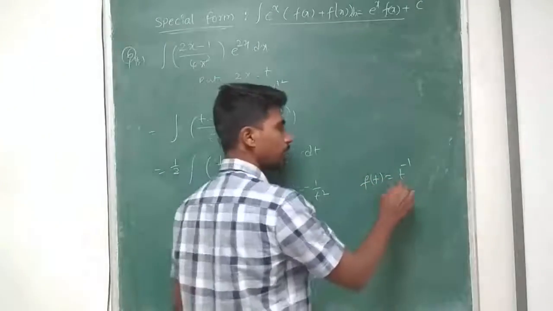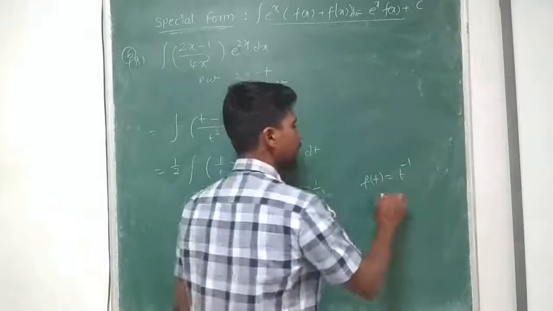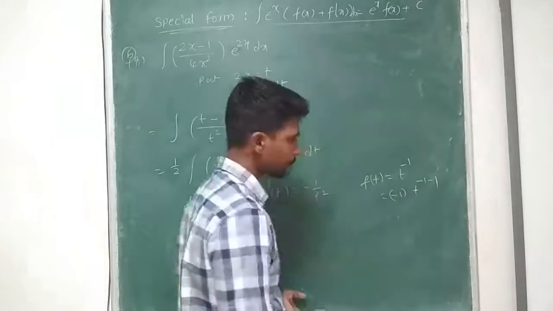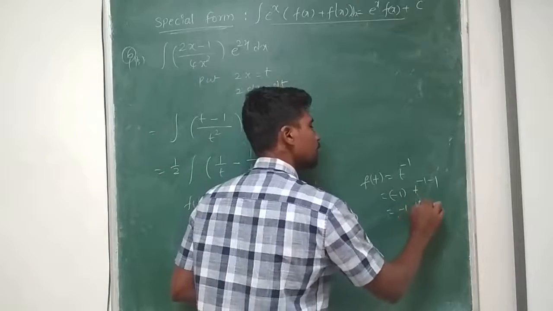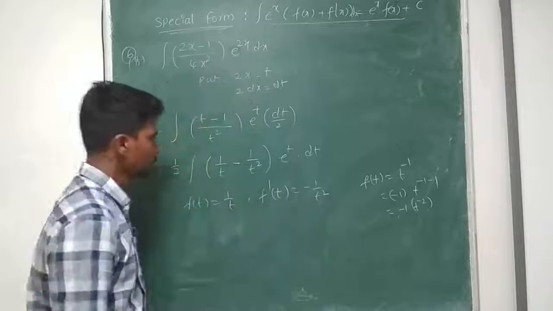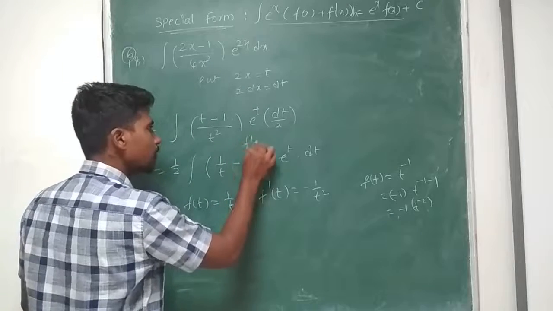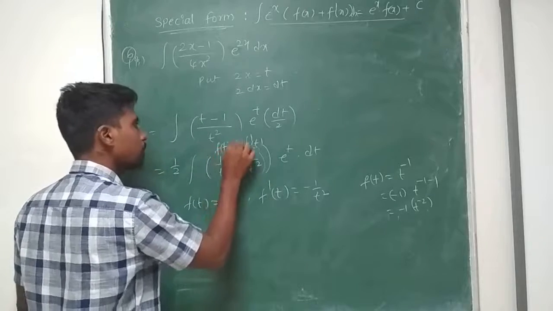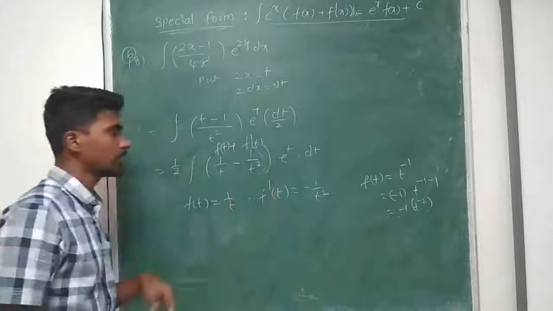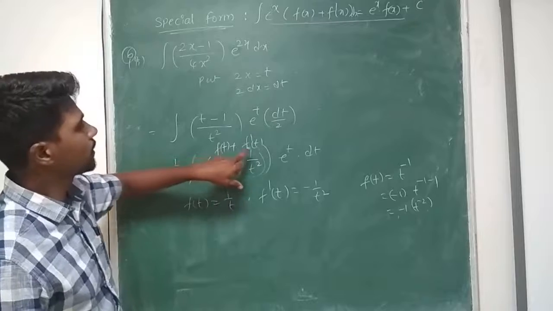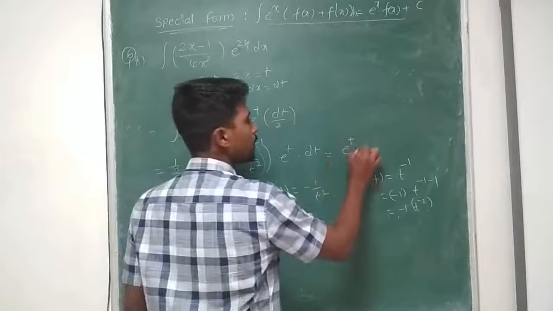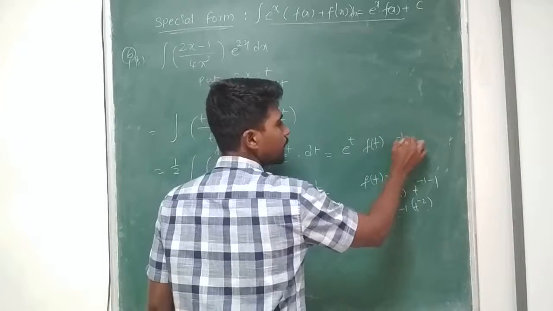In exponent form, n into x power n minus 1, so minus 1 into t power minus 2, which is nothing but minus 1 by t square. That's what we got. So this is f dash of t and this is f of t. We don't consider this as minus separately because the minus is also included in f dash of t, right? So I have f of t plus f dash of t into e power t. So our answer is e power t into f of t plus c.